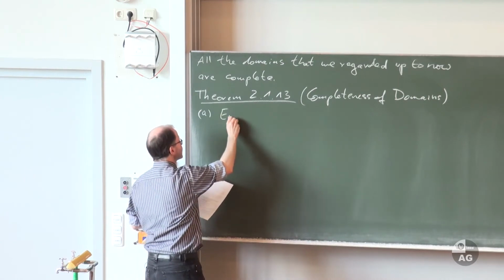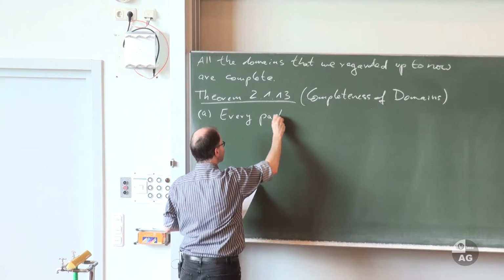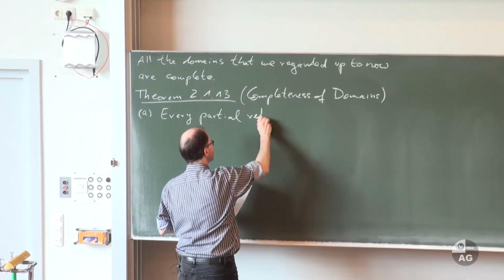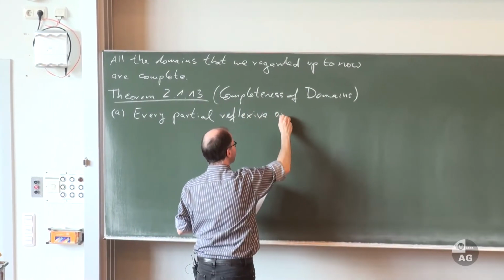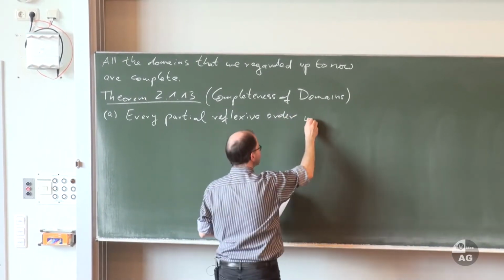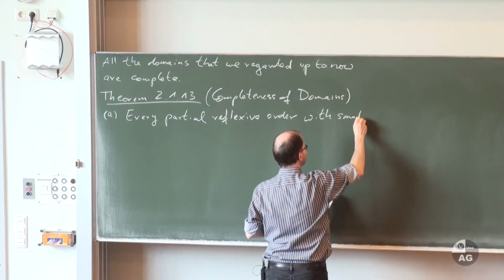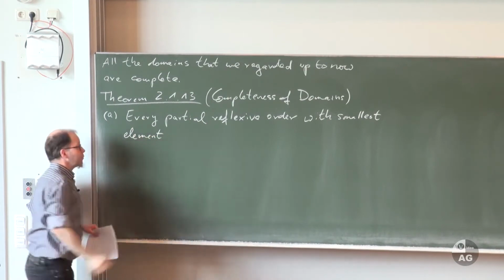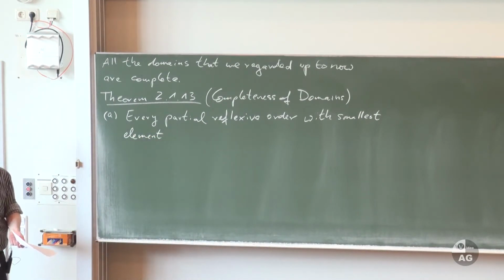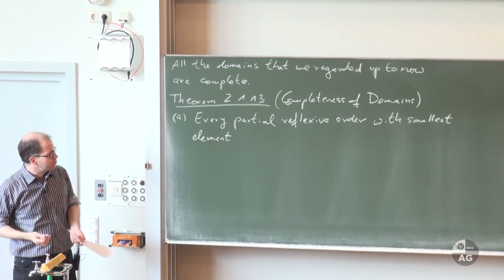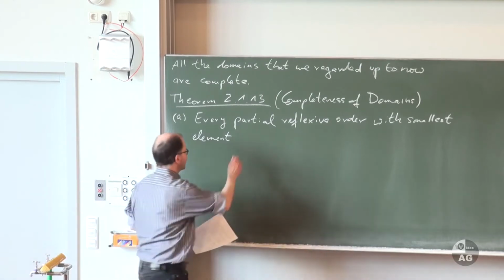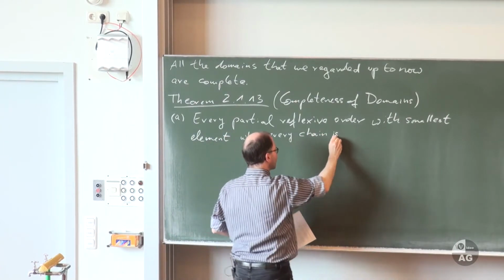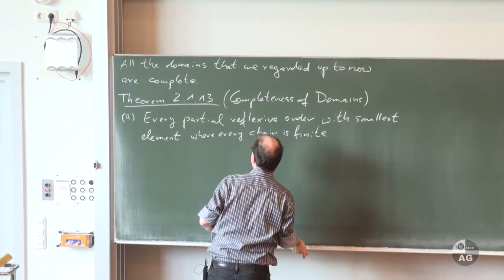We can say that every partial reflexive order with a smallest element, and which has the property that the corresponding domain is flat, or in fact it's sufficient to require that every chain is finite, is complete.